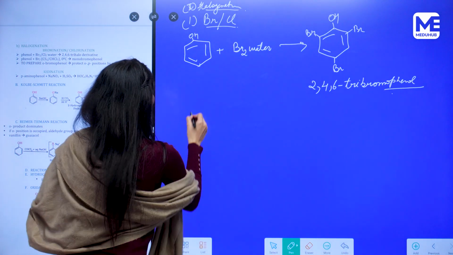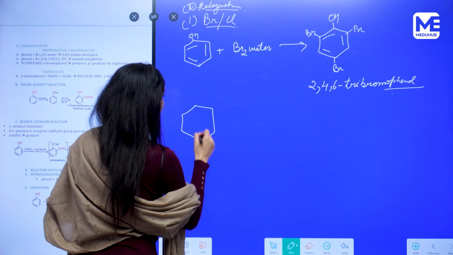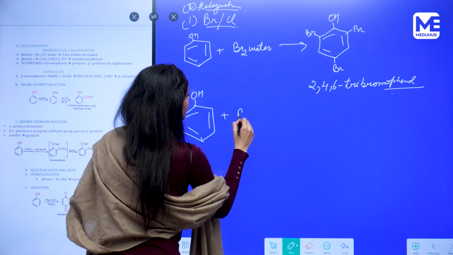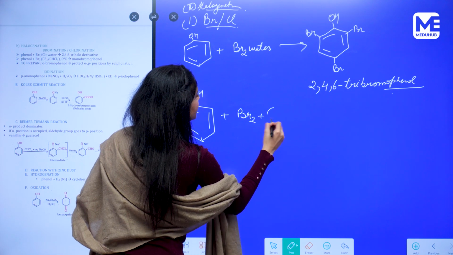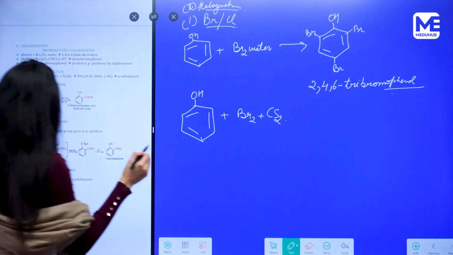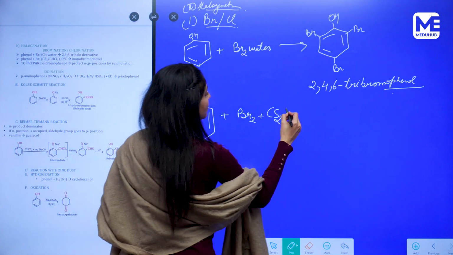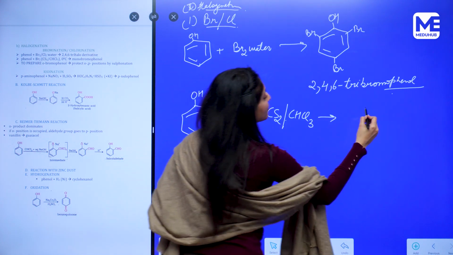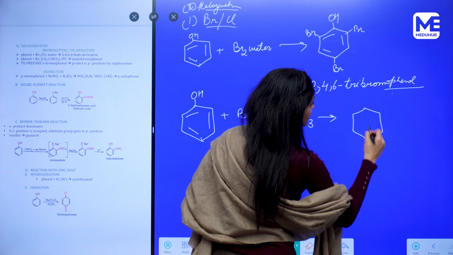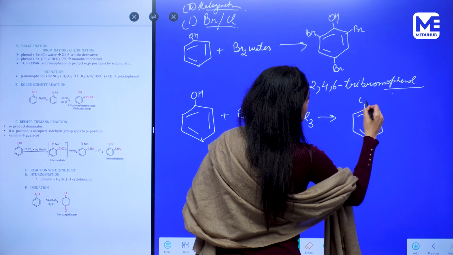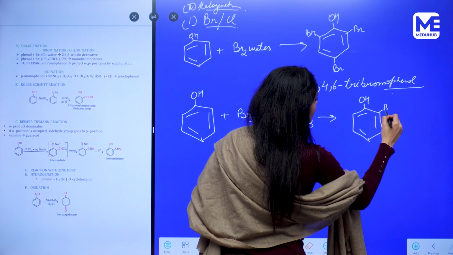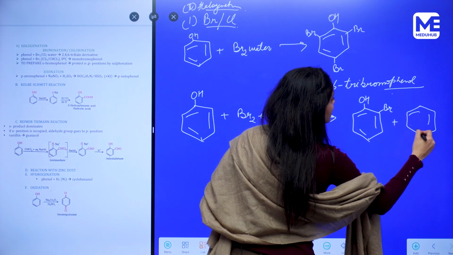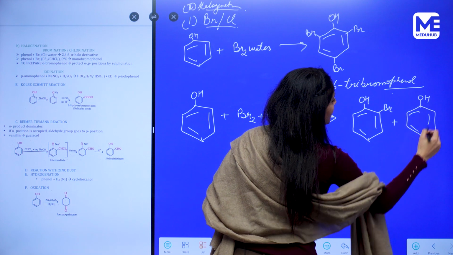And if we carry out bromination with a solvent like CS2 or CHCl3, we will get a mixture of ortho and para products. So based on the method, different products are obtained.